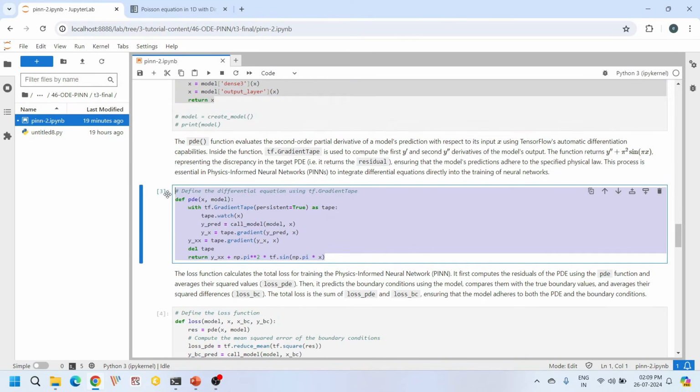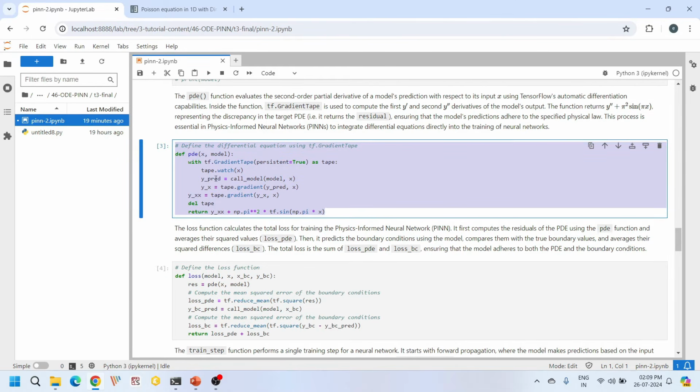And next here I am defining the PDE function. So this PDE function evaluates the second order partial derivative, or means in our case we are using just a simple ordinary differential equation. So I have written this as a general, but in our case we are going to evaluate just one derivative, that is d square y by dx square. We use TensorFlow's automatic differentiation capabilities for evaluating this derivative.